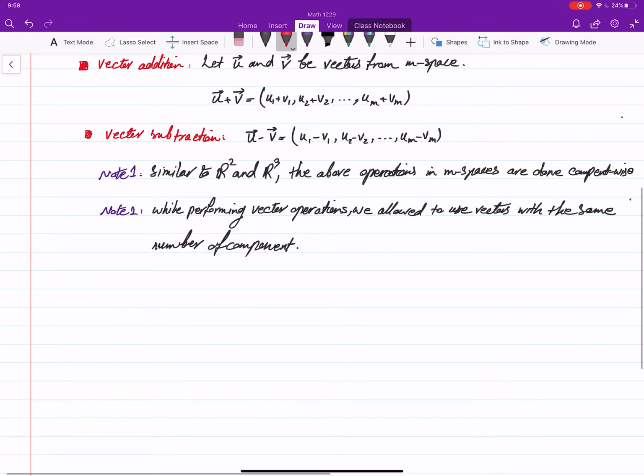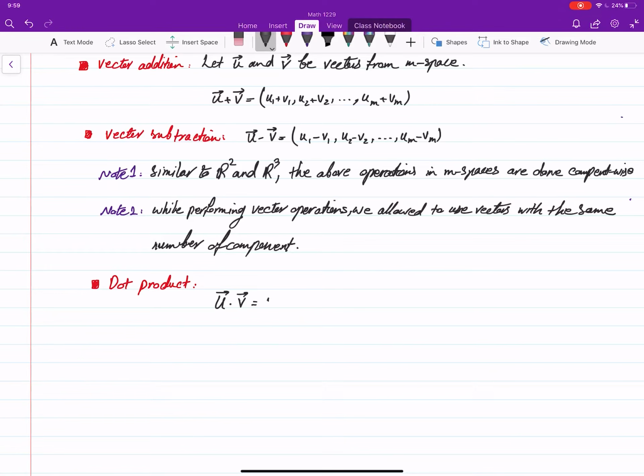But then how about the products we had? Remember that we had dot product and cross product. Cross product is only for 3-dimensional, R3. But dot product works for all M spaces. So if you have 2 vectors, U and V from M space, you find the dot product very similar to before.